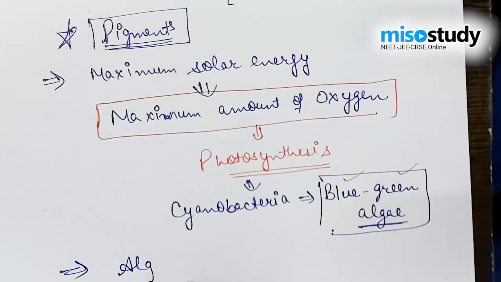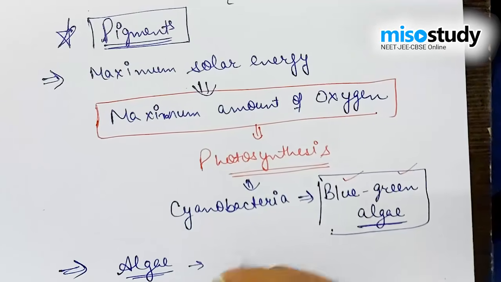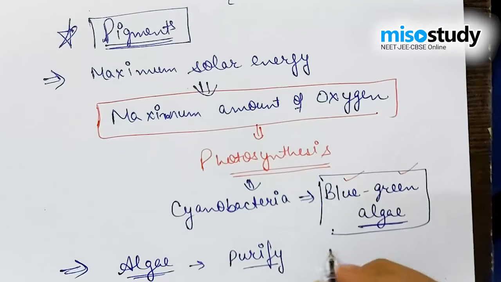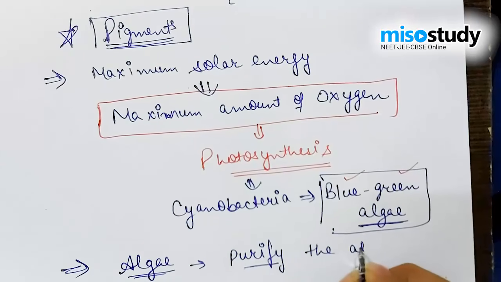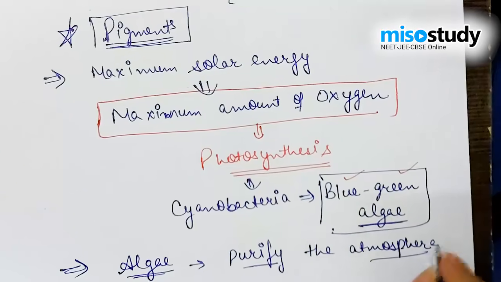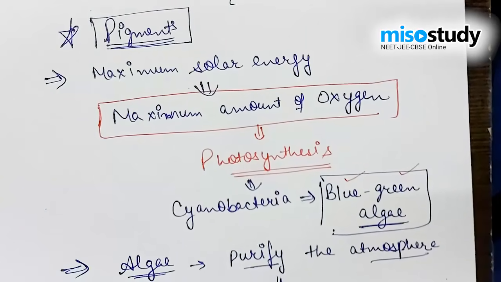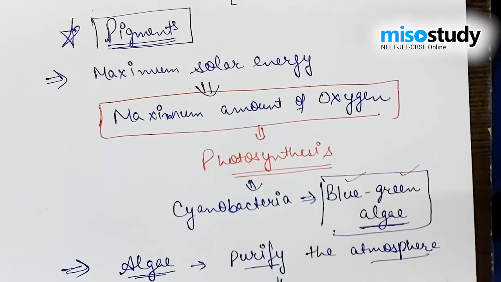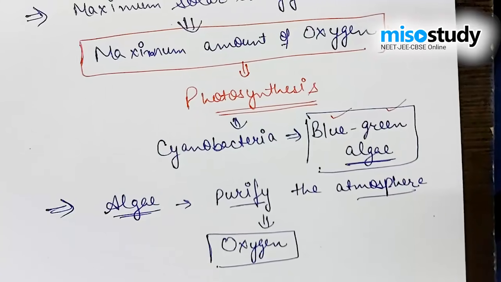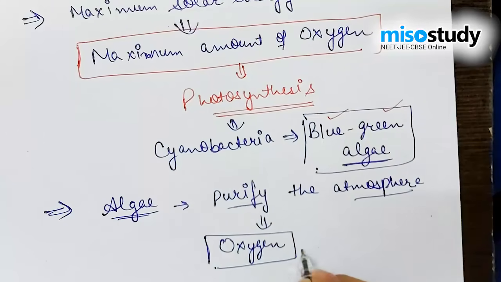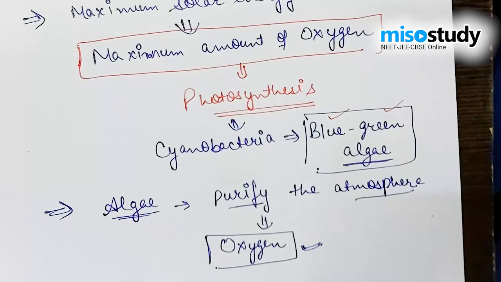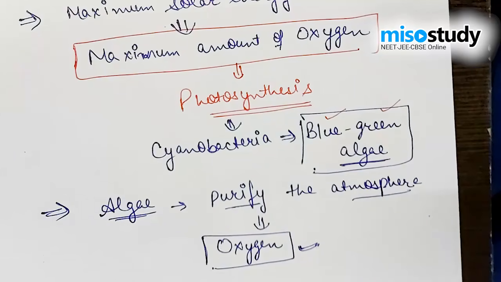So algae help to purify the atmosphere. How do they purify the atmosphere? By releasing oxygen. Because mostly aerobic species take in oxygen and release carbon dioxide, and this carbon dioxide is taken up by plants and algae for further processing.